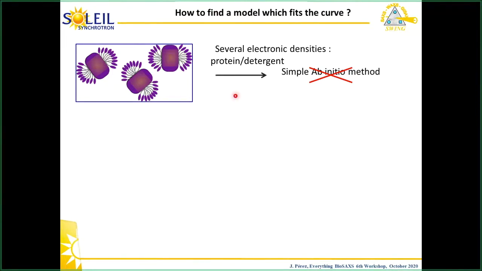But we cannot do that because we have several different electron densities here. DAMIF or DAMIN rely on the assumption that the density of the whole object is constant. And if you don't have a second curve with, for example, different contrasts like what you can obtain from SANS, you cannot use MONSA. So we cannot use these simple ab initio methods.